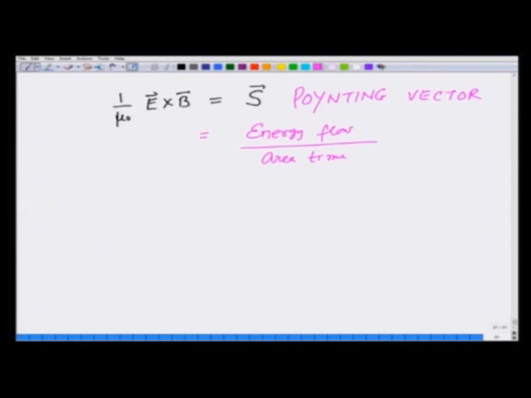Note that for S to be non-zero, both E and B have to be non-zero. So, it is only a combination of electromagnetic field. That means, if there is an electric field as well as a magnetic field, then only this energy flows, otherwise it is not there.